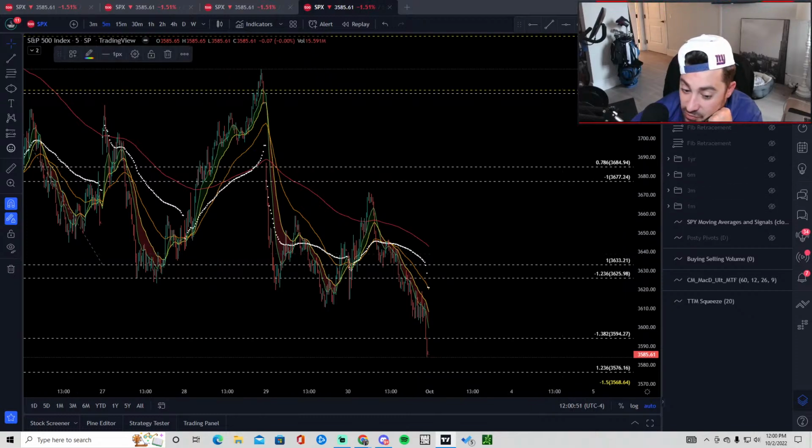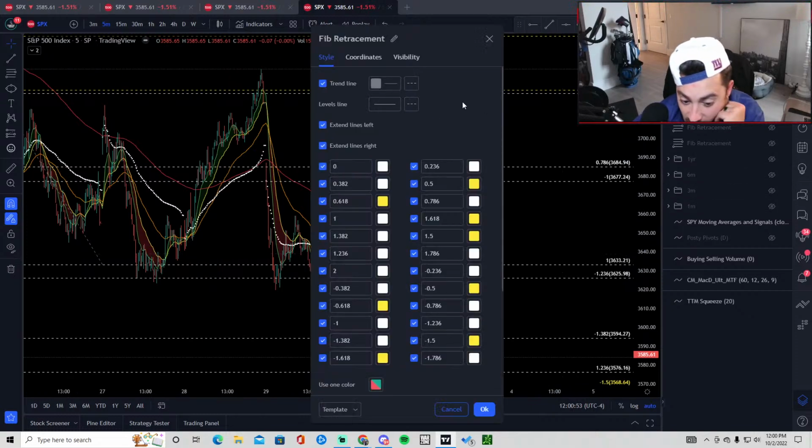What settings do I use for fibs? I use settings for just your basic fibs and your levels here, so you can see them extended on both sides. I like the psychological side of things, especially for SPX because of the large cap and volume that goes into it.